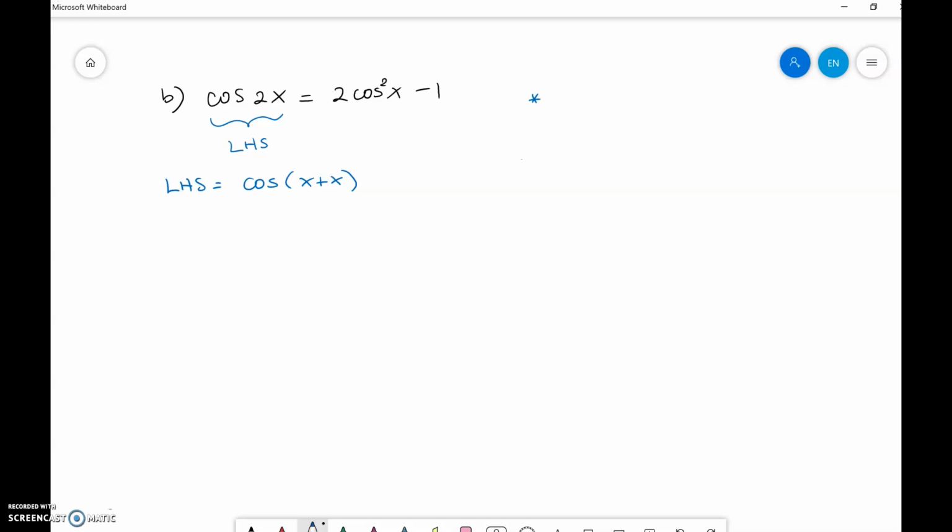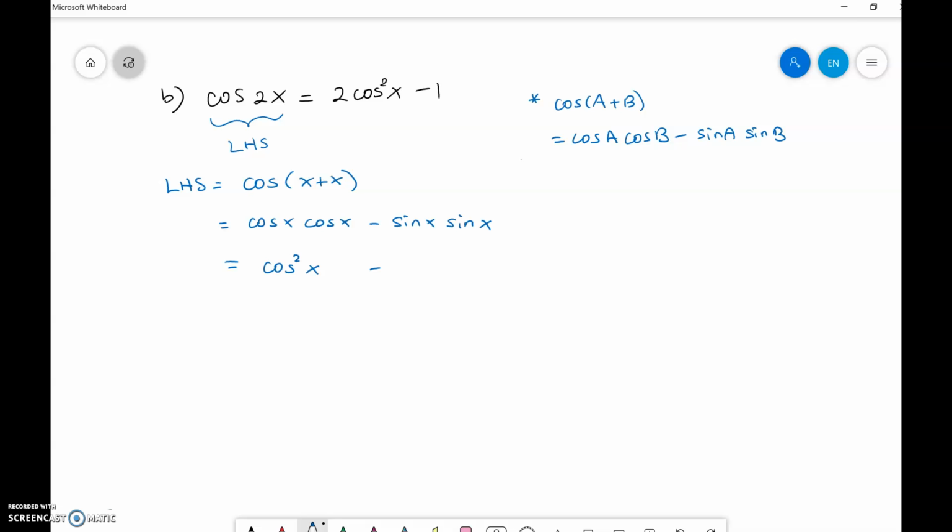Again, the sum formula is cosine of A cosine of B minus sine of A sine of B. So we get cosine of x times cosine of x minus sine of x times sine of x, and I end up with cosine squared x minus sine squared x. Comparing this with the right hand side, I have 2 copies of cosine squared and no copies of sine squared.